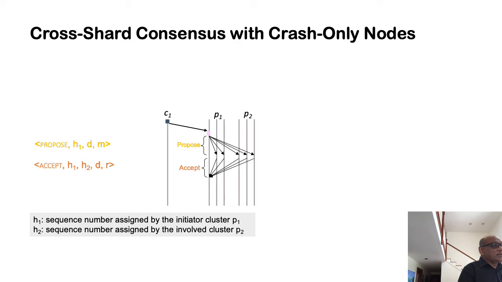As far as the sequence numbering goes, the sequence number for shard P1 is initially decided by the leader here, but for shard P2, each of these is going to send the corresponding number.